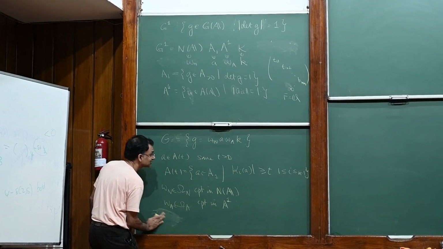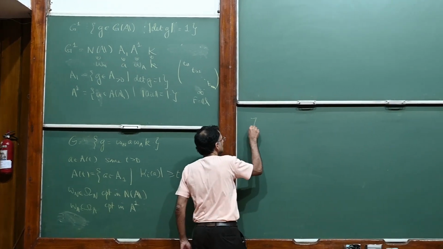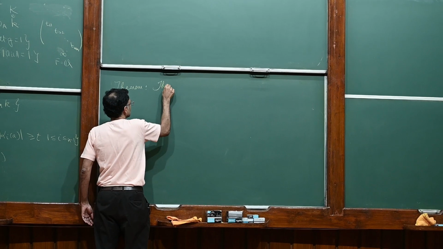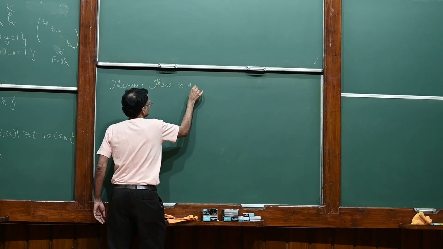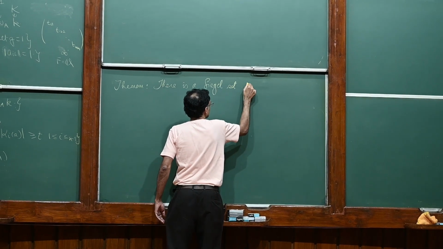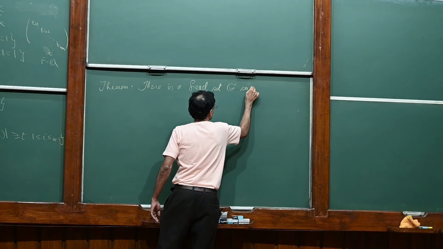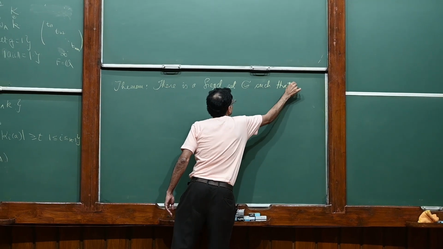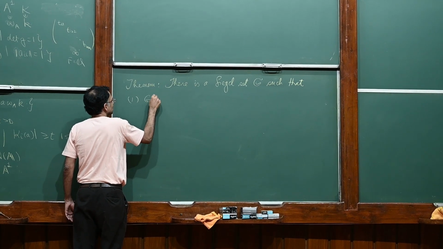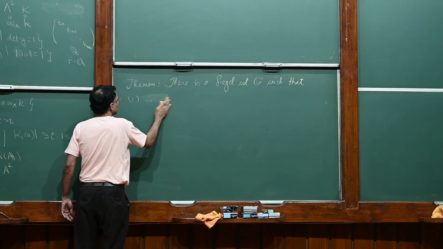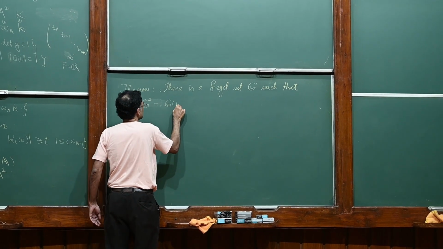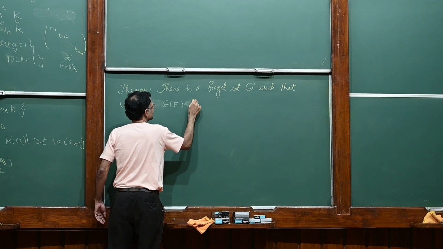So okay, might as well restate the theorem and then keep going. There is a Siegel set S such that, first of all, G(A), which is G1, is nothing but G(F) times this Siegel set.